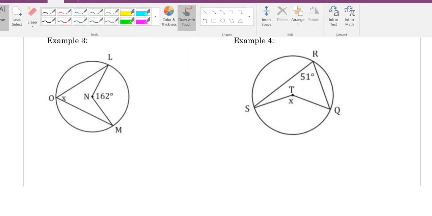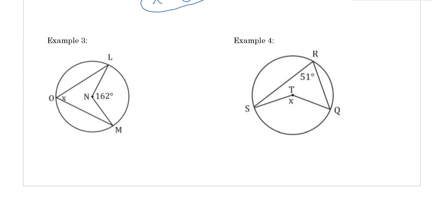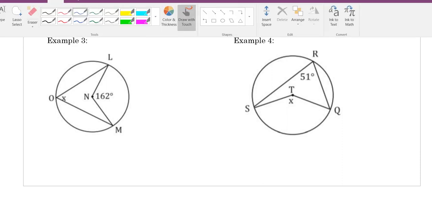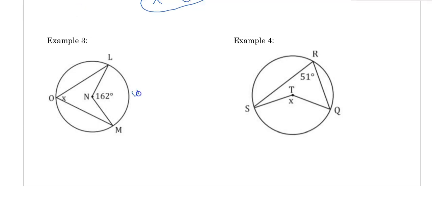So in example 3, I'm going to go back to solving for the arc. So in order to find the central angle, or the inscribed angle, I need to find the arc, and I can use my central angle to find that arc. Okay, so again, central equals arc.